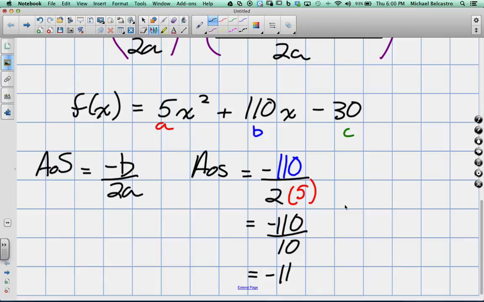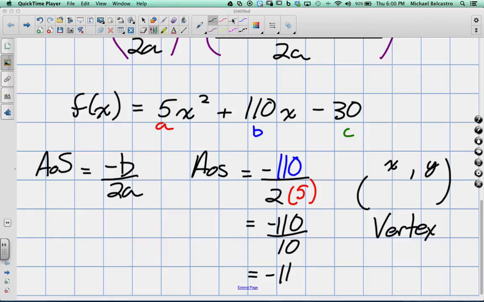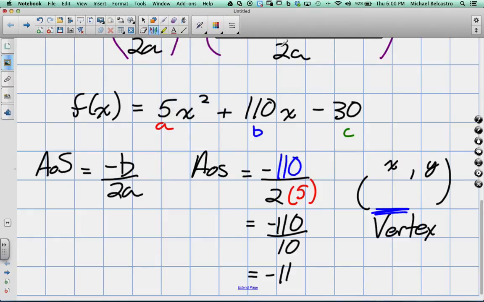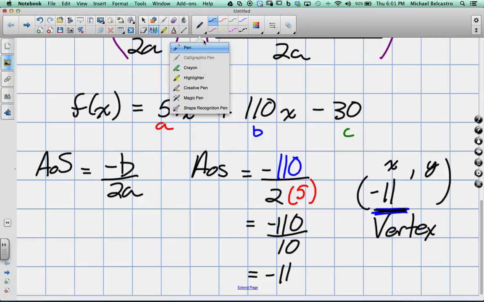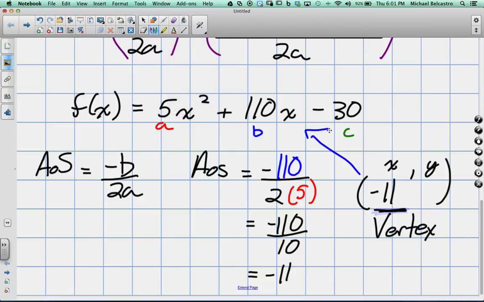The good thing about the axis of symmetry is that it's also the x value of the vertex. So in this case, the x value of the vertex is negative 11. And since we already have the x value of the vertex, we can plug that back into the standard form equation.